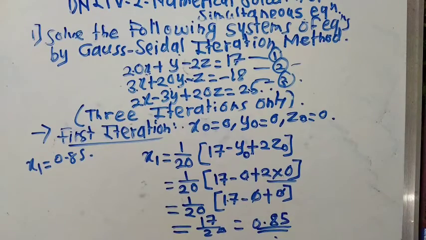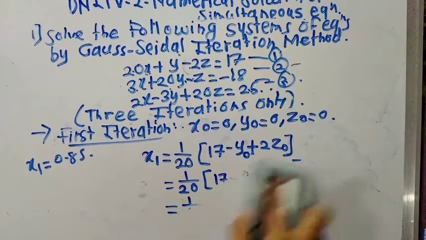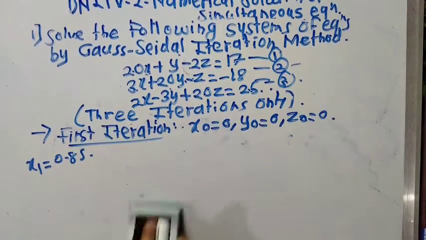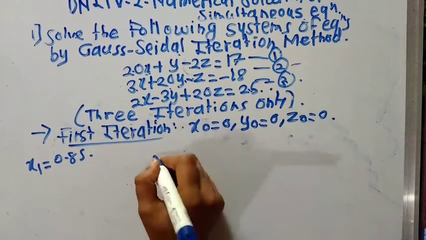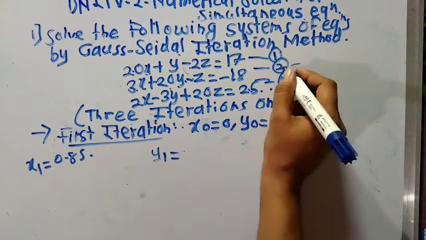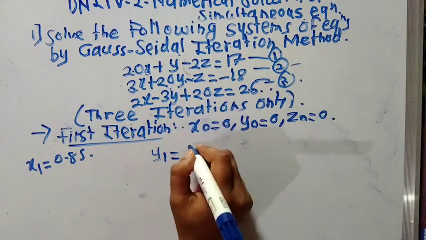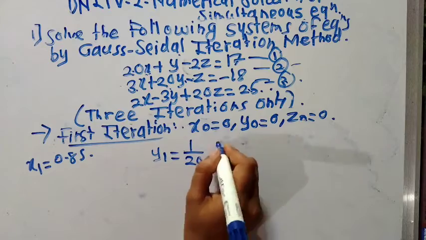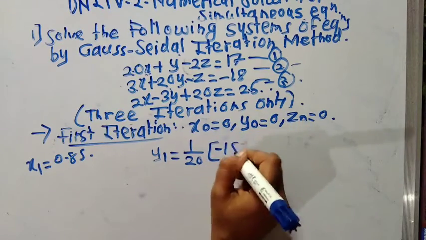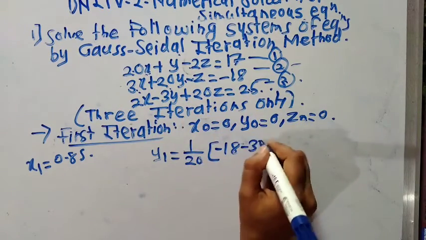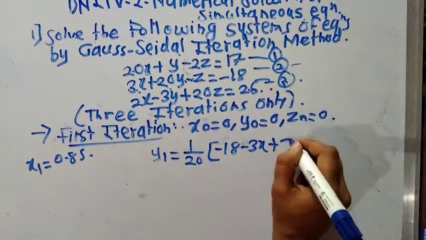Then for finding y1, from the second equation the coefficient of y is 20: 1 divided by 20 into minus 18 minus 3x plus z.